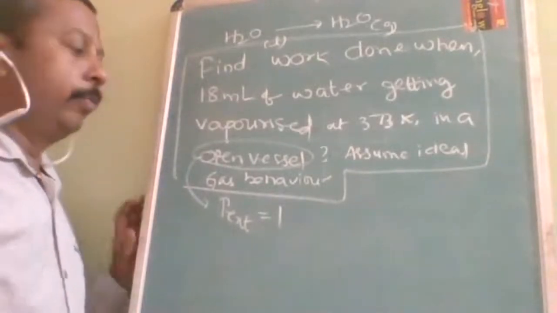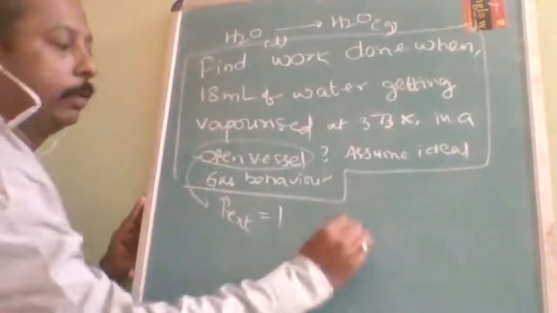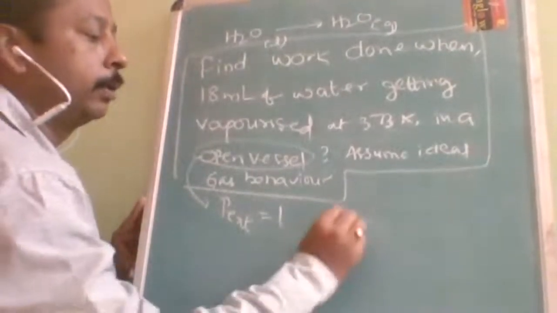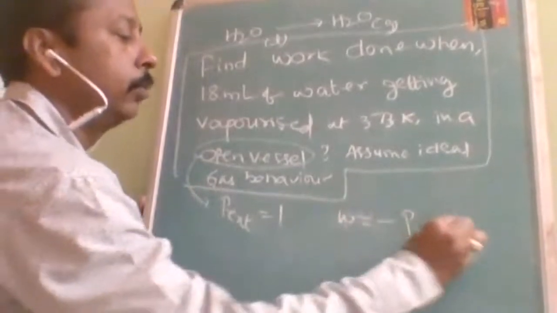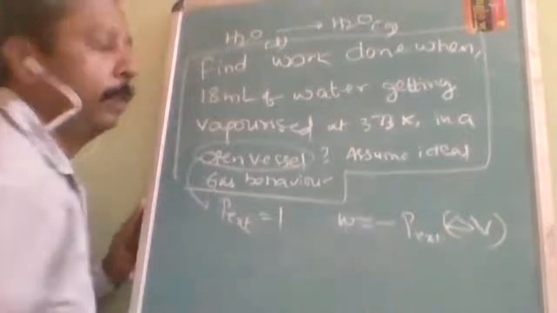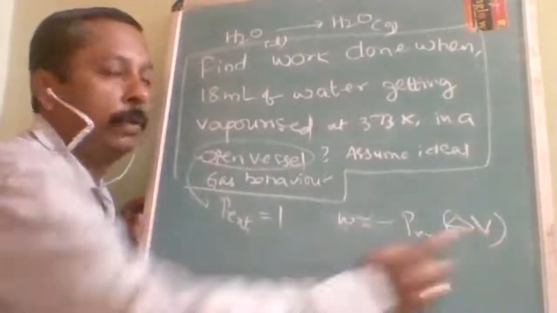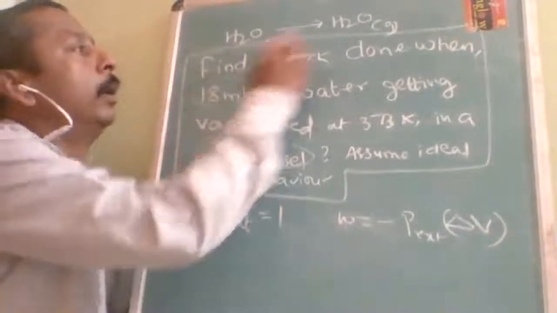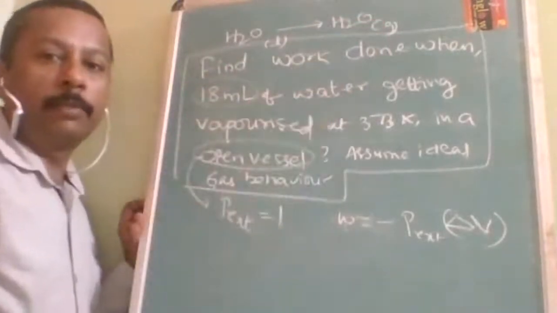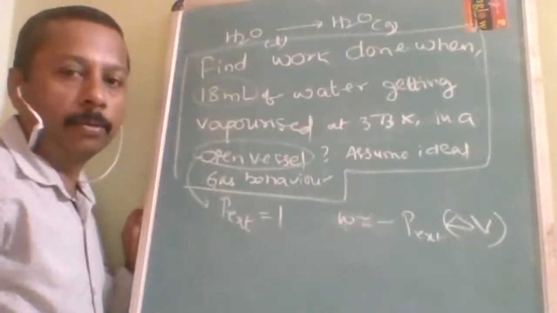Now we will use the formula. Work done is equal to minus P external into delta V. But the main problem is that delta V is final volume minus initial volume. We have only the initial volume. After escaping into the atmosphere, we don't know what volume it will occupy.